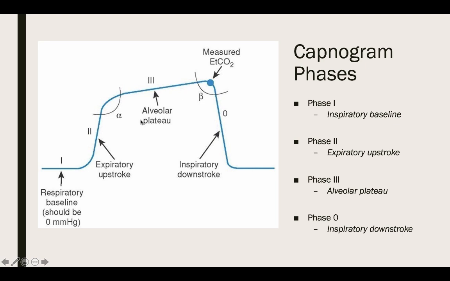I get to phase 3, I get this plateau. Just like in your action potential, we've got this plateau. With phase 3, I'm breathing out, I start to breathe out, then I plateau. Phase 3 is my plateau. But that plateau is kind of upswinging, and I get to a point, and that's where we measure our end tidal CO2.